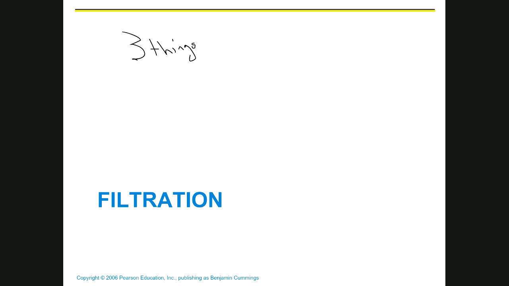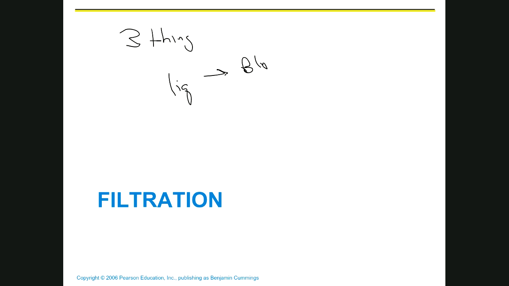How many of you made coffee this morning, or tea, or something like that? Well, when you do that, you do filtration. And so there are lots of different ways to do it, but in order to do filtration, you need three things. So you need a liquid. Well, when you make coffee, that liquid is water, but in our case, the liquid is blood.